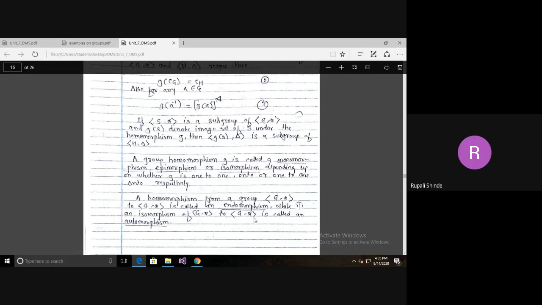So endomorphism means what? If you define homomorphism between any two groups, then that is called as endomorphism. And if you define isomorphism between any two groups, that is called as automorphism. So just remember, homomorphism is related with endomorphism and isomorphism is related with automorphism. So likewise, you can remember these definitions.